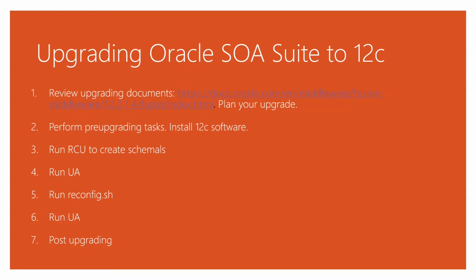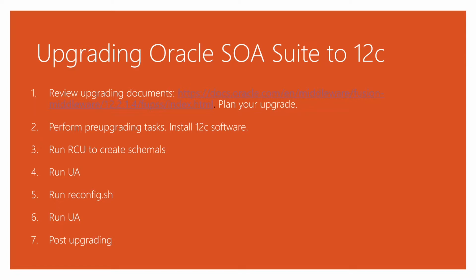Today we're gonna do in-place, which means we have an existing domain, and we're gonna upgrade the existing domain. After the upgrade, the domain will stay where it is, on the same server and same location, and run on the same operating system. So this is called in-place upgrade.